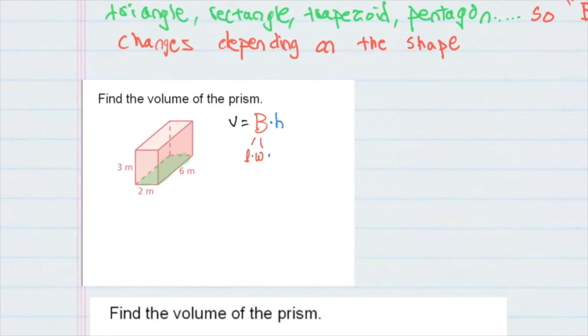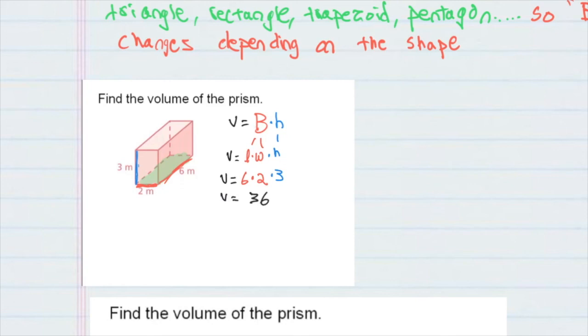Then I multiply that by the height. Since I know all of these numbers, I substitute them in. The length is 6, the width is 2, and the height is 3. 6 times 2 is 12, and 12 times 3 is 36.